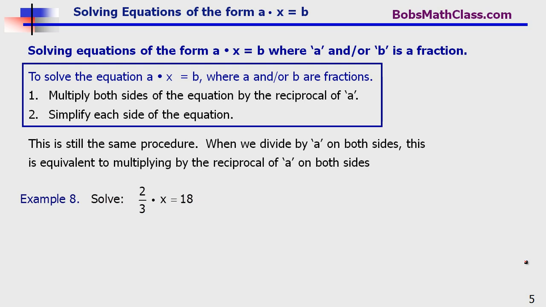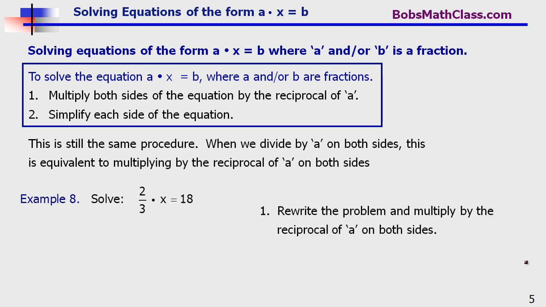So a 3 over 2 in front of the 2/3, and a 3 over 2 next to the 18 over 1. You can either put it in front or behind. It doesn't matter because multiplication is commutative.